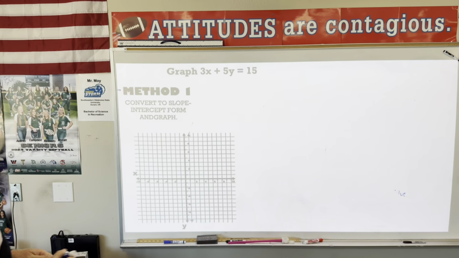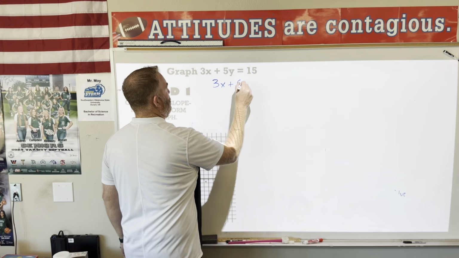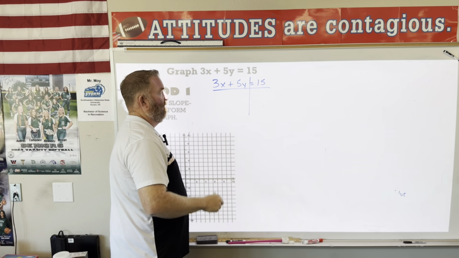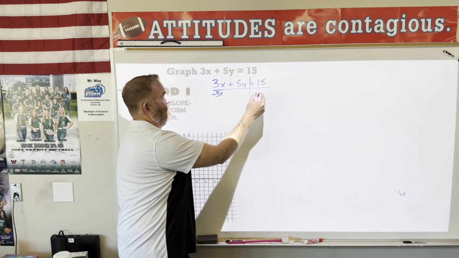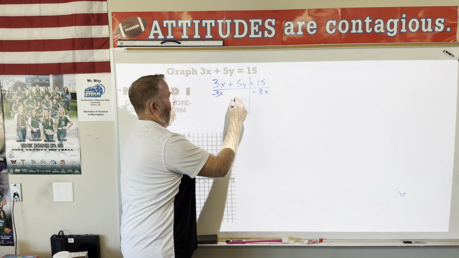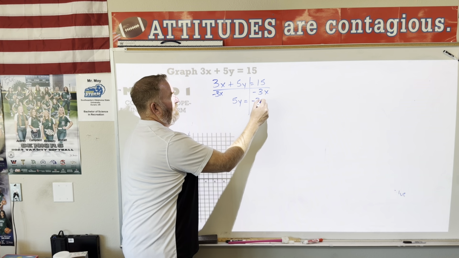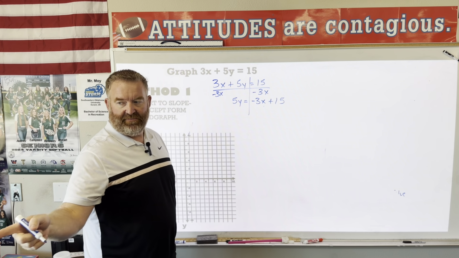All right, guys, here we go. Step 1. We got 3x plus 5y equals 15. So tell me what you got. Positive 3x becomes a negative 3x. So we've got 5y equals negative 3x plus 15. And then step 2.